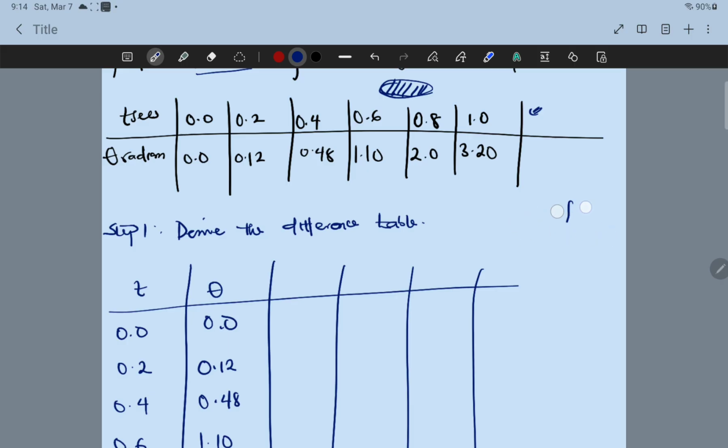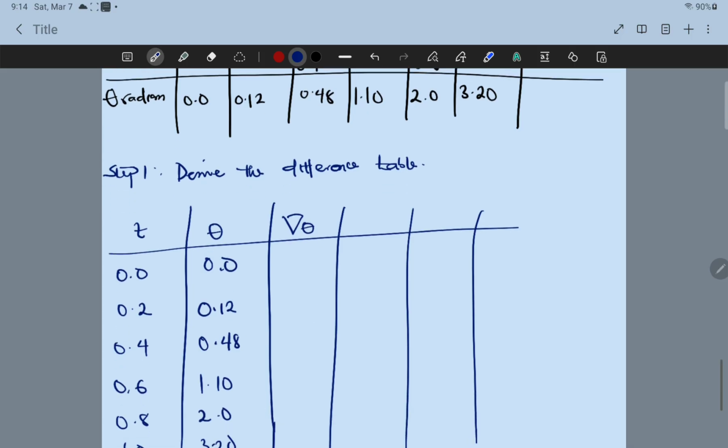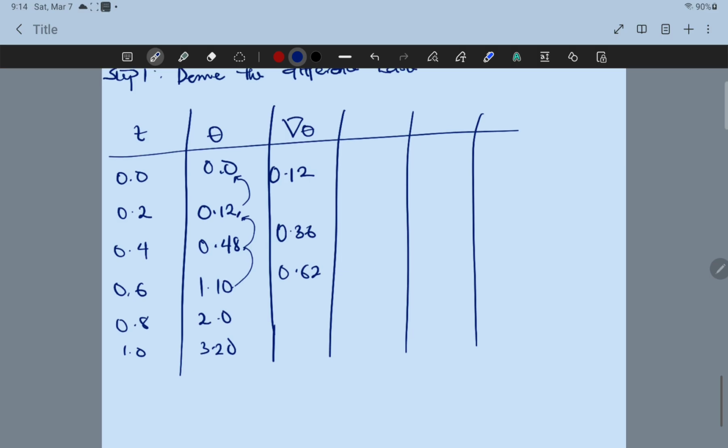Because we're doing the backward difference operator, the backward difference of this will be this minus this, just the same way you created the forward difference table. We have 0.12, then this minus this, we have 0.36, then 0.62, 0.90, and 1.20.